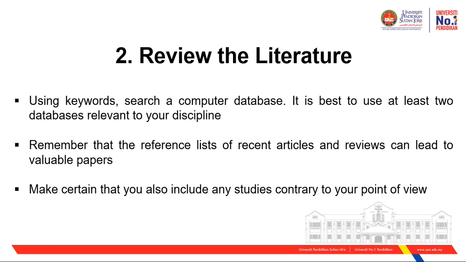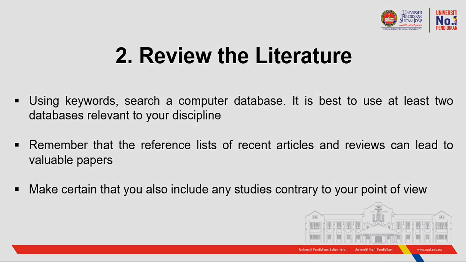Second, review the literature. Basically, you need to know the keyword. If you're focusing on development of a kit, then the keyword is kit, development of kit, in which topic, to be specific. Later I will show you just a very basic way to find a good article.